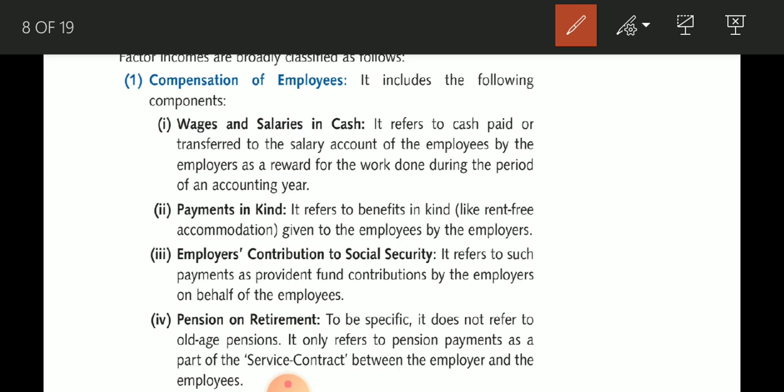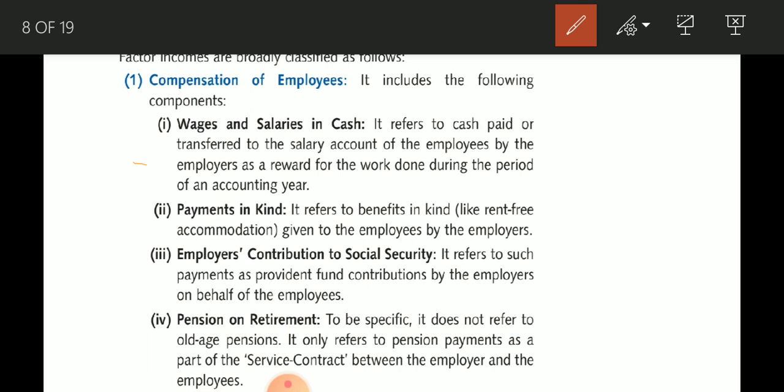That is why it is known as compensation of employees.